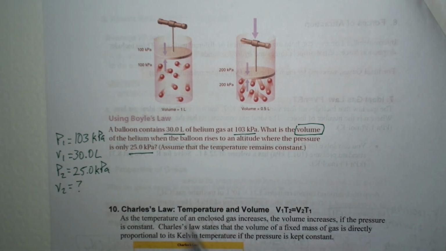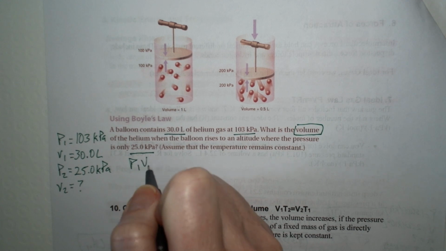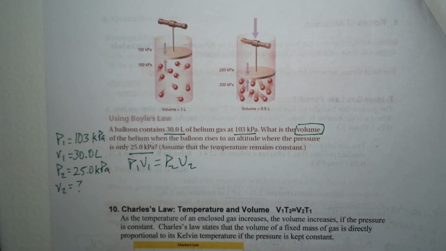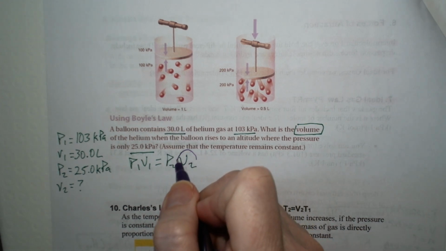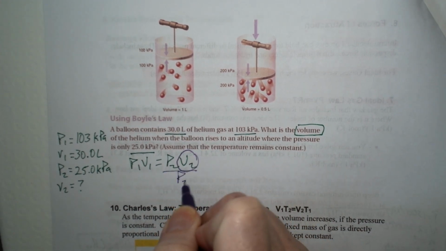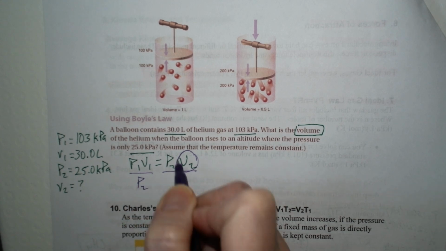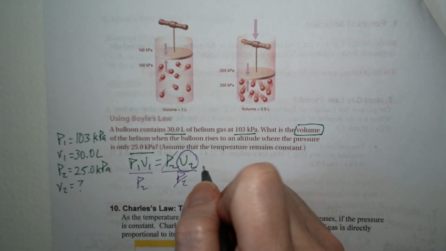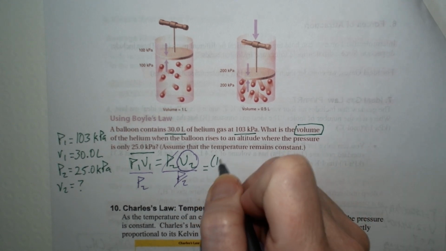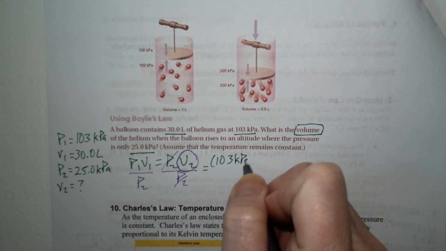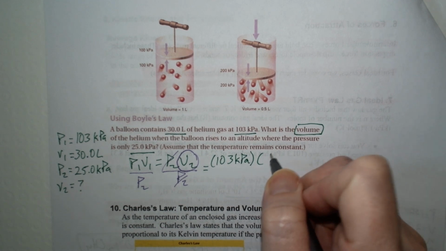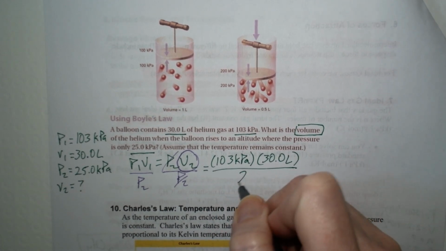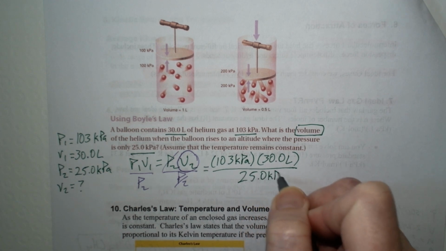Okay, so let's see. P1 V1 equals P2 V2. We're looking for V2, so we're going to divide both sides by P1... by P2. Okay, so when we do that, we just plug it in. So 103 kPa times 30.0 liters over 25.0 kPa.